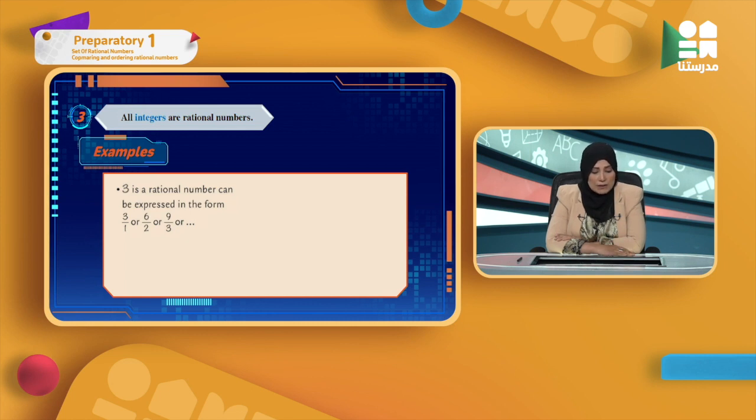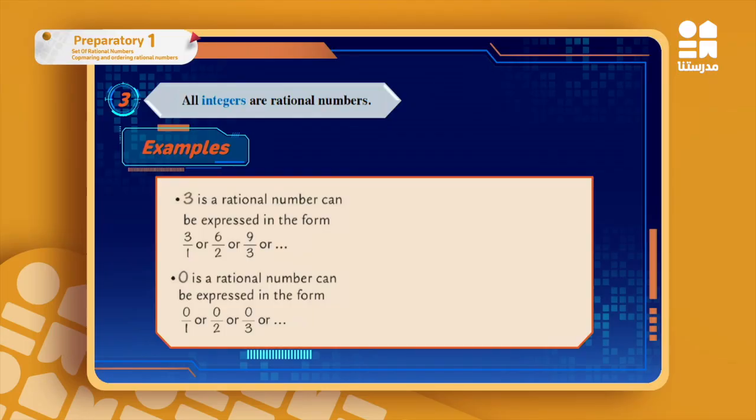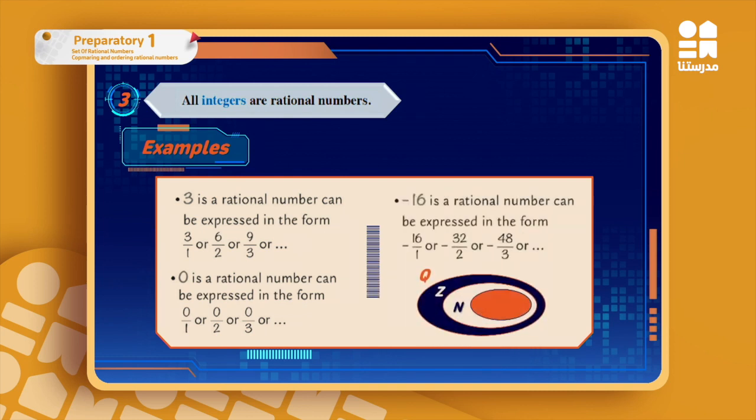So in the first case, it's 3 over 1. It can be written as 6 over 2. Then it can be written as 9 over 3. Also the 0 can be written as 0 over 1 or 0 over any number. The negative one is negative 16 over 1.